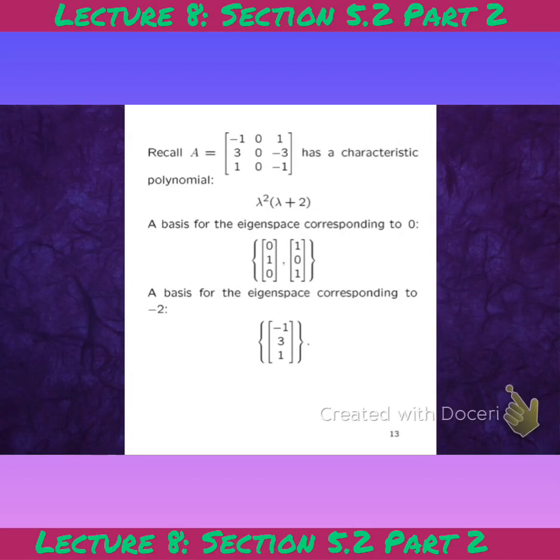Right, so here's an example. If we take the matrix A, and it has characteristic polynomial, right? That's the characteristic polynomial. Now, the basis for the eigenspace corresponding to lambda equals 0 has dimension 2, and again that corresponds to the number of times it occurs in the factor.